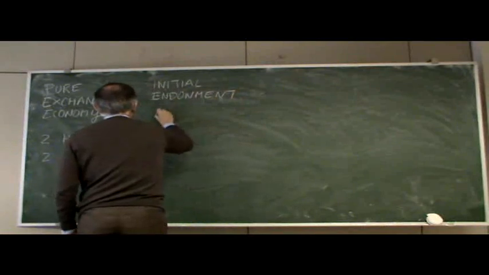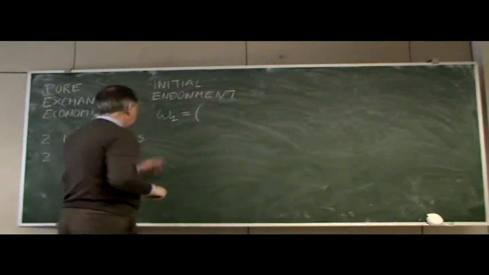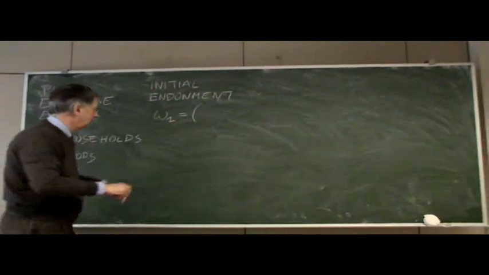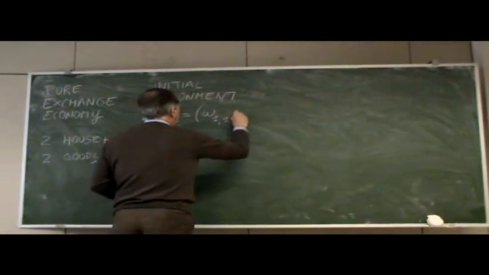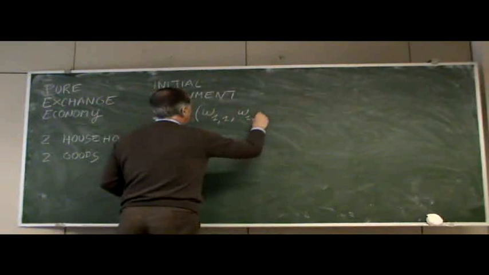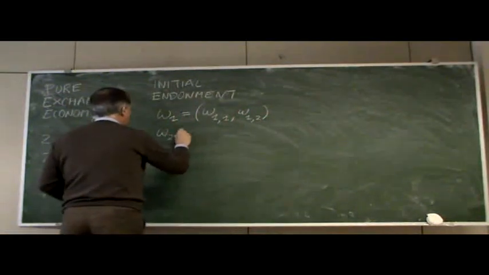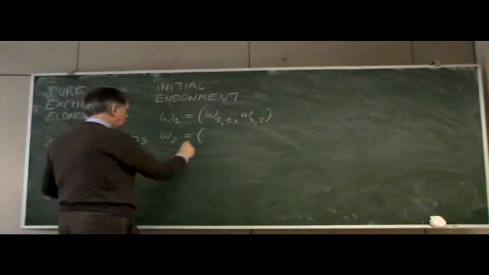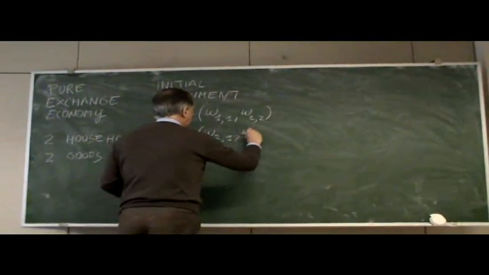We shall denote the initial endowment of subject 1 by this vector omega 1, whose components are clearly omega 1,1 and omega 1,2. In a similar manner, the initial endowment of subject 2 is omega 2, with its corresponding components.